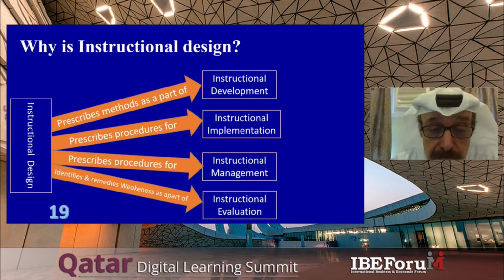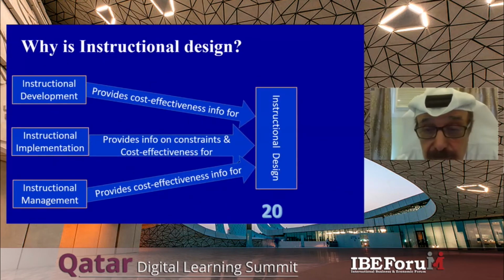It identifies and remedies weakness as a part of instructional evaluation. Actually, the evaluation would tell us how good we are, how good we went to the end of the learning process. In another way, what do these parts give the instructional design?